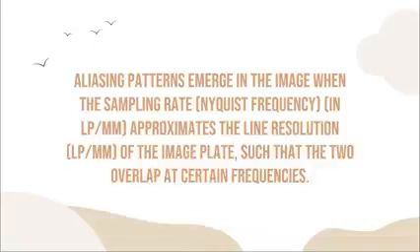Okay? Yan. Aliasing patterns emerge in the image when the sampling rate or the Nyquist frequency in line pairs per millimeter approximates the line resolution of the imaging plate, such that the two overlap at certain frequencies. Okay? Na-discuss naman ito previously na si aliasing patterns is the electronic version of the Moore artifact.